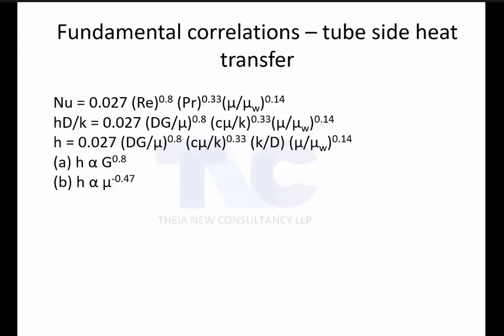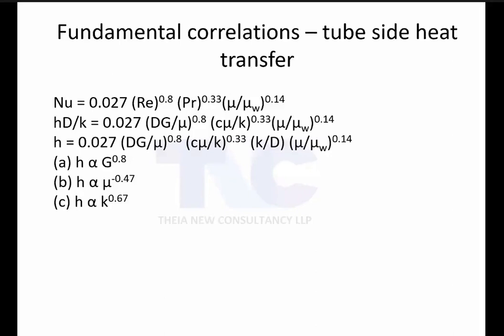It is a relationship between the Nusselt number, Reynolds number, and Prandtl number. The important thing to remember is that the heat transfer coefficient is directly proportional to the mass velocity.